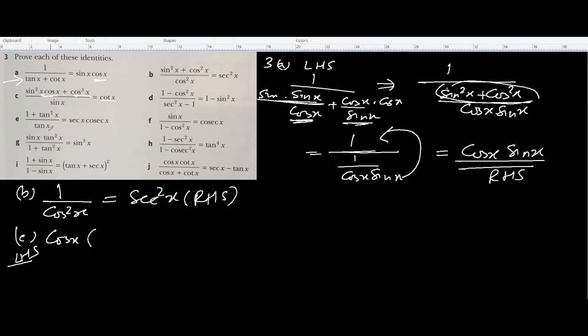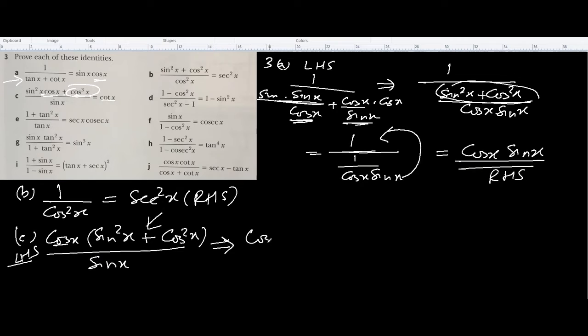Cos x is taken common, so sin square x will be left here, plus in this cube, one cos is already out, so cos square will be left inside, over sin x. This is 1, so we will be left with cos x over sin x, which is cot x. RHS proved.